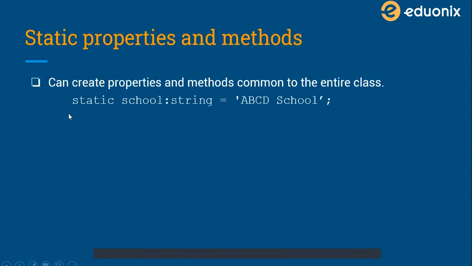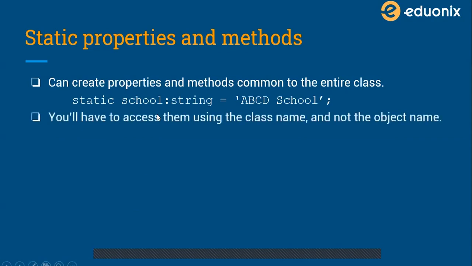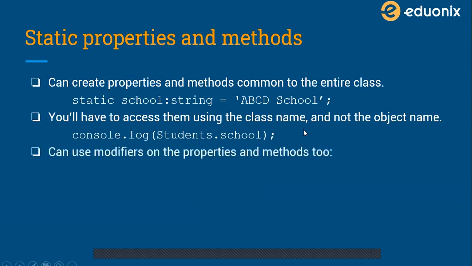Just specify static before your property name, and that becomes a static property. To access them, you have to use the class name, outside of the class like this. So if your class name is Students with a capital S, then Students.school would access this. It can't be accessed via the name of the object instance.